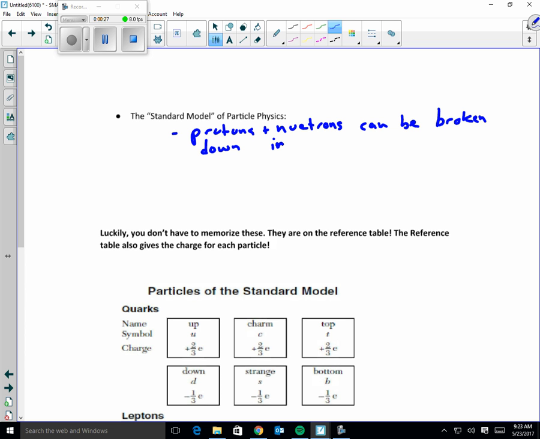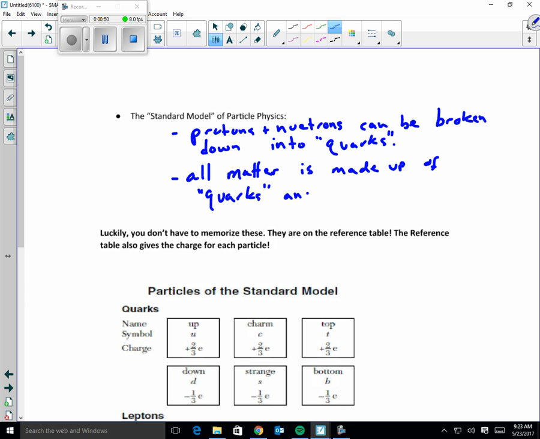And it can be broken down into quarks. And all matter is made up of quarks and leptons.